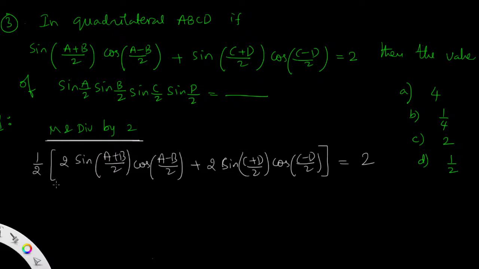Now the value can be changed into the bracket form. That implies it is in the form of 2 sin (C plus D) by 2 cos (C minus D) by 2, which is equal to sin C plus sin D. Similarly, with A plus B by 2, we can write sin A plus sin B. Yes, Rohit, following.